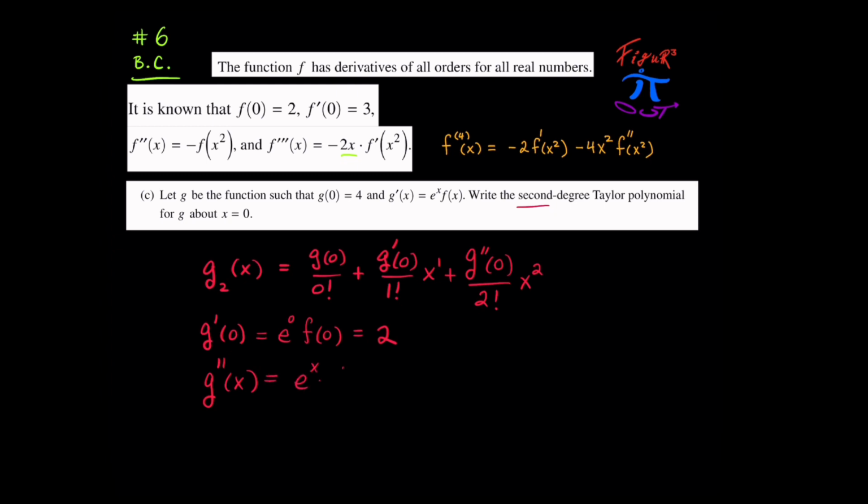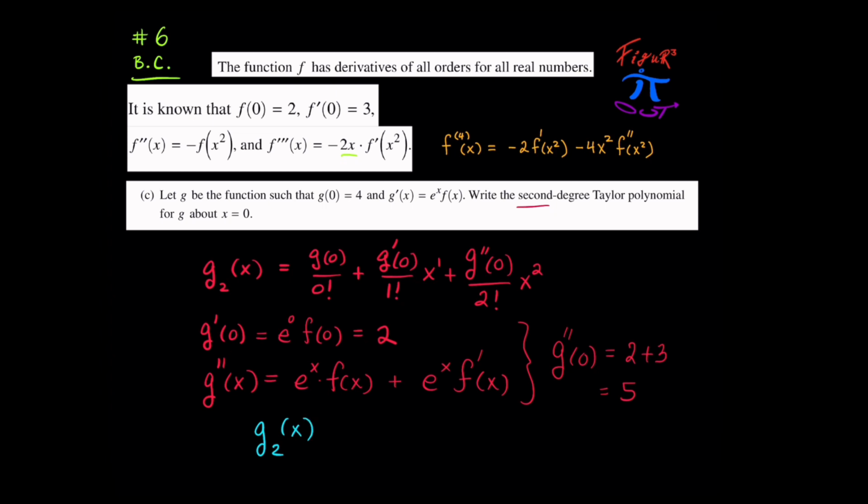G double prime will be found by differentiating g prime using the product rule, and that'll give us e to the x f of x plus e to the x f prime of x. By evaluation of g double prime at 0, we get e to the 0 f of 0 plus e to the 0 f prime of 0, or 2 plus 3, which is 5.